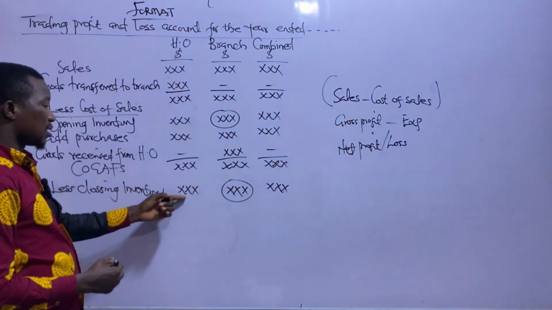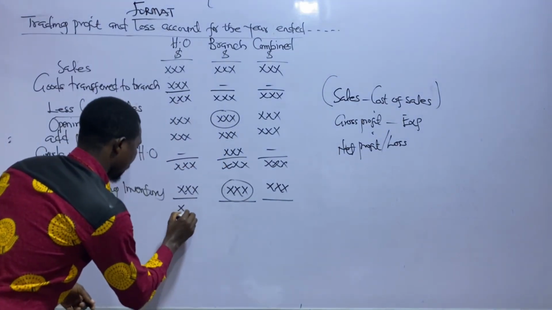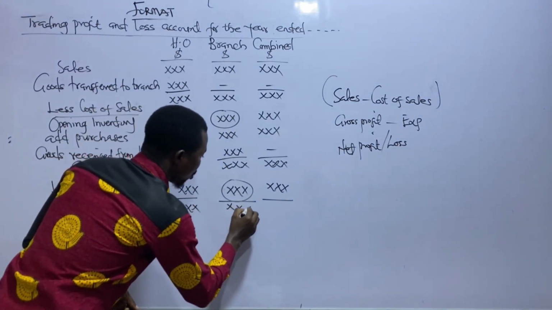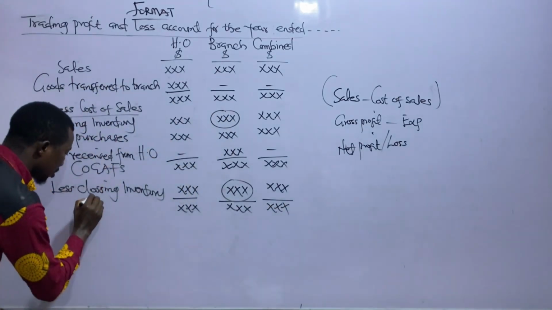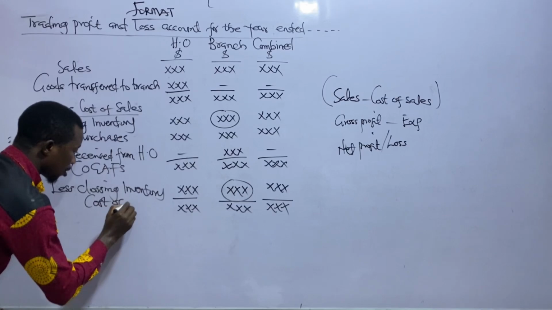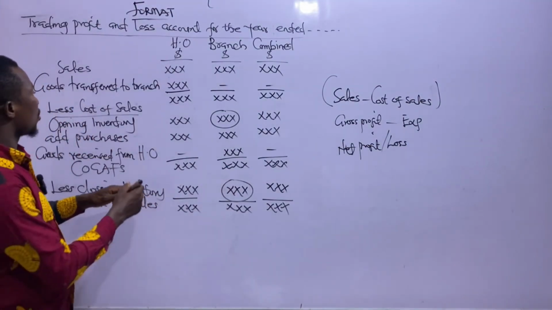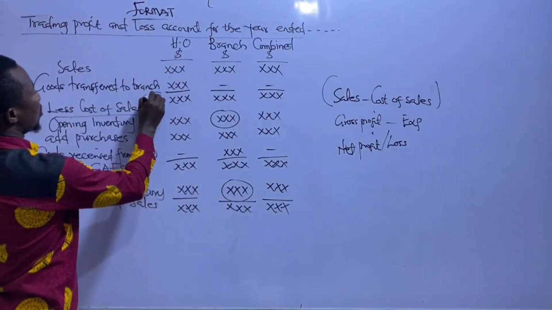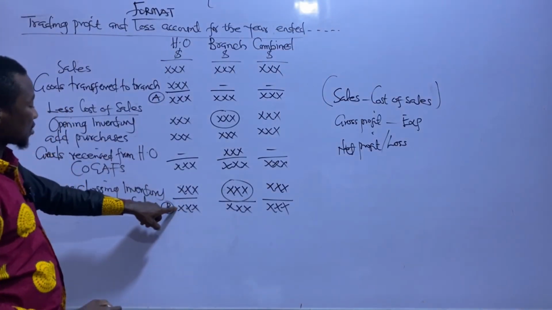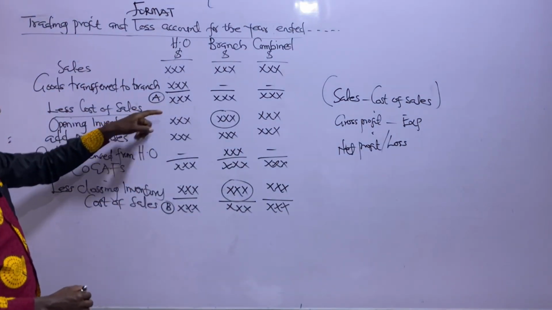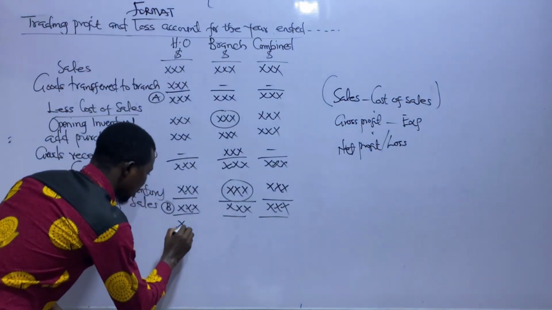So after subtracting the closing inventory, we will have what we call the cost of sales. We are now looking for this cost of sales. So I call this cost of sales. I call this figure A, then I call the cost of sales B. So when we subtract this cost of sales from the A, we will arrive at a figure called the gross profit.